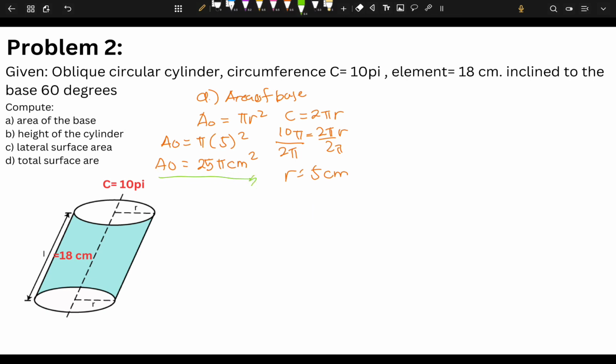Sunod natin is height ng cylinder. Height ng cylinder. Again, as I've said, di ba, na yung height dapat natin is perpendicular doon sa ating base. Sabihin mag-create ng 90 degrees. Kung ito yung ating element, ito.